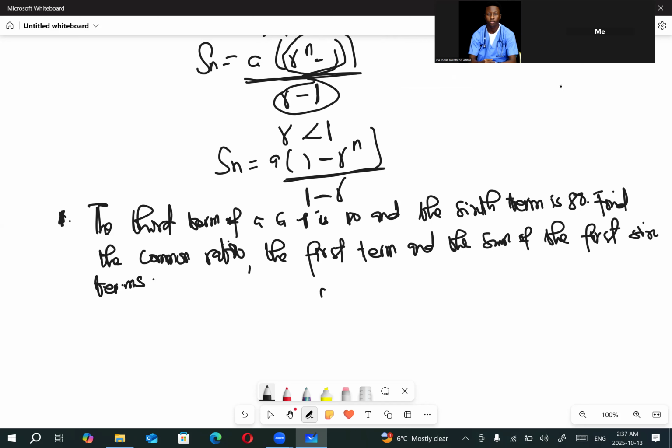Okay, are you ready? So the third term of a GP is 10 and the sixth term is 80. Find the common ratio, the first term, and the sum of the first 6 terms.